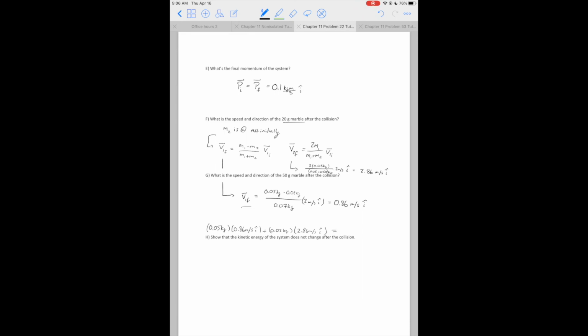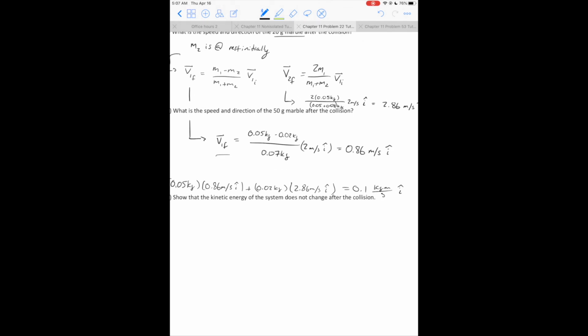I get 0.1 kilogram meters per second in the I-hat direction, which is exactly what we expect. So it's a quick check just to make sure that what we did worked out, and it does.